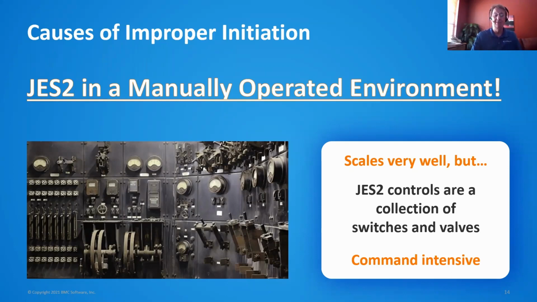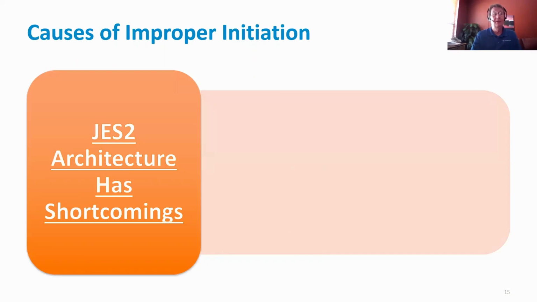Somebody put a lot of time. I mean, if it's a minute or two per command, come on, that's a lot of time to operate. And you got to know how. So more causes, okay. The JES2 architecture really has some shortcomings, particularly for throughput and over initiating.